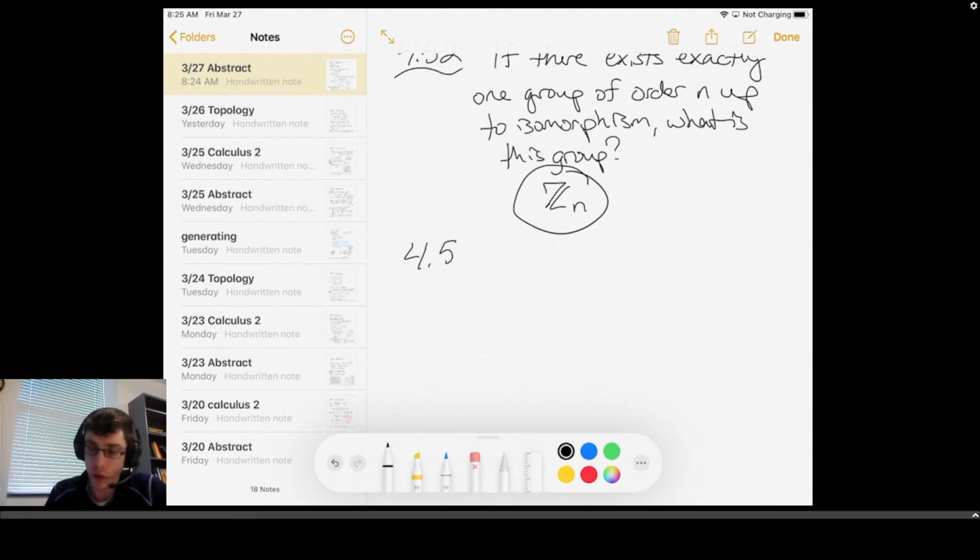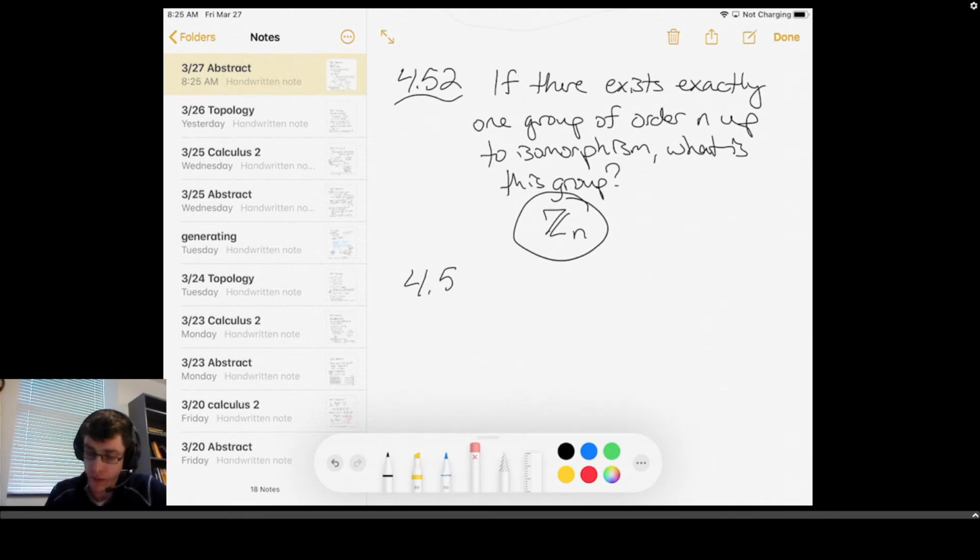Could I explain the question again? Basically we're saying there is only one group of this order. So the order of G is equal to n, and if you have some other group H with order equal to n, then G and H are isomorphic.